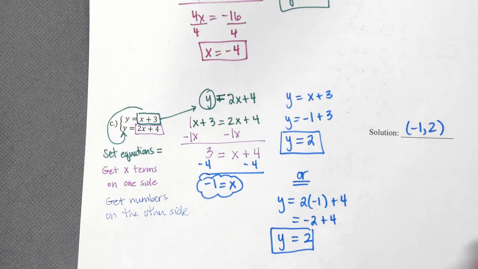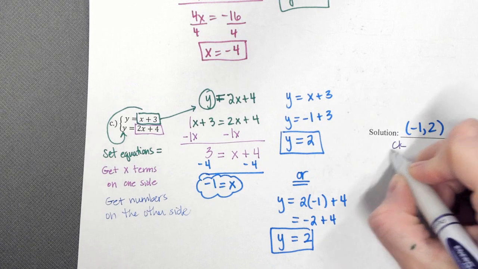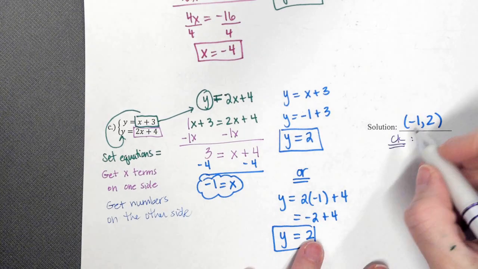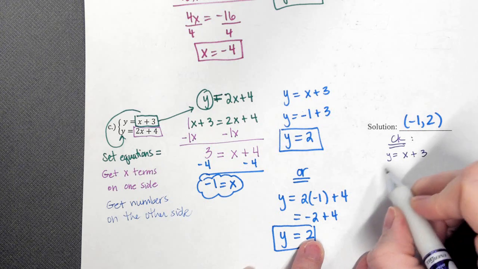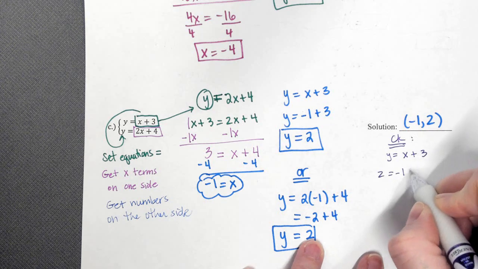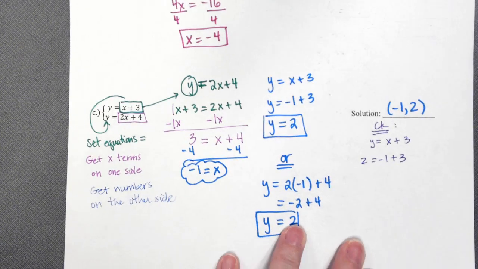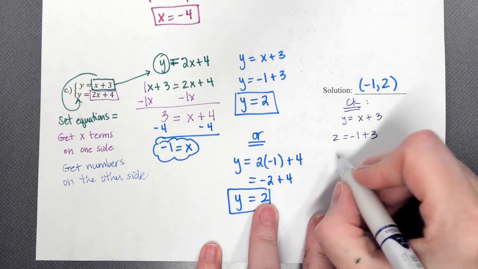Okay, and then this is a good one to check here because you want to make sure your solution's right. You can just plug it in to y equals x plus 3. So does 2 equal -1 plus 3? Is that 2?